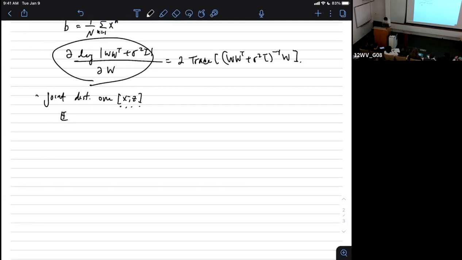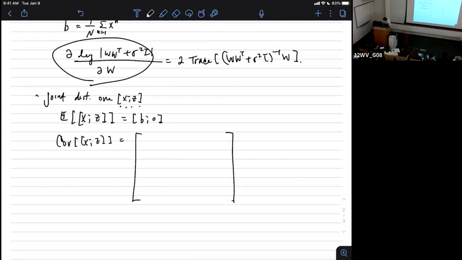And then what would be the mean of this x, z concatenated vector? It's going to be b and zeros, just concatenating the means. Then the covariance, okay, we have to be a bit careful here. The covariance of x, z can be written down as the covariance of x alone, the covariance of z alone, the cross covariance from x to z, and the cross covariance going from z to x.